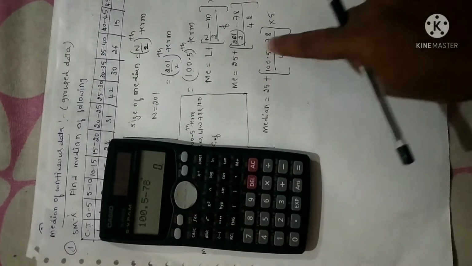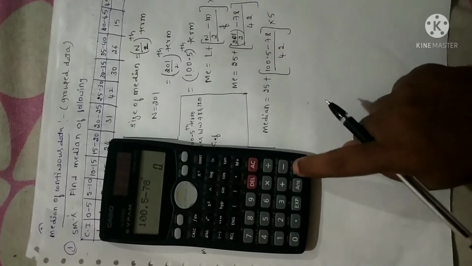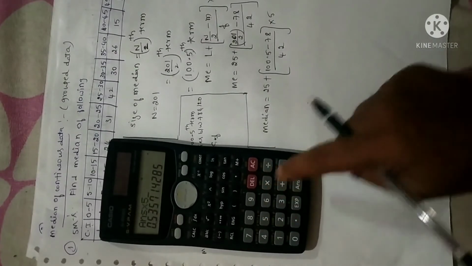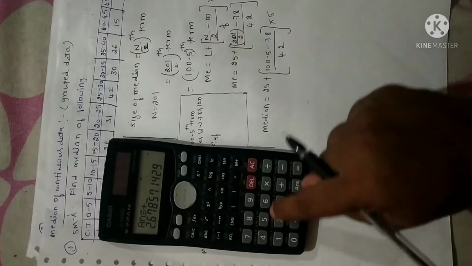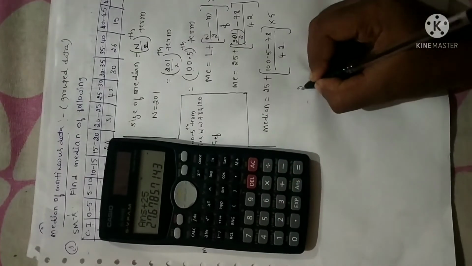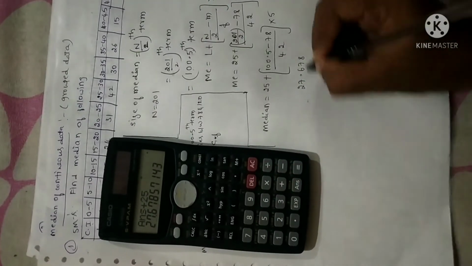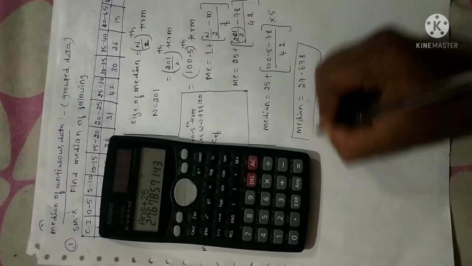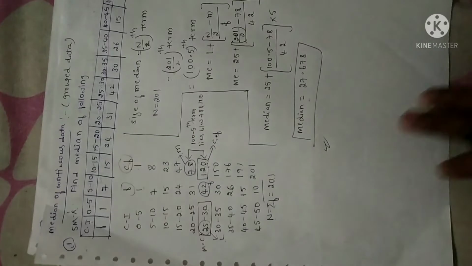That is divided by 42 into 5, overall added with 25. So that will give us 27.678. So the required median is 27.678.